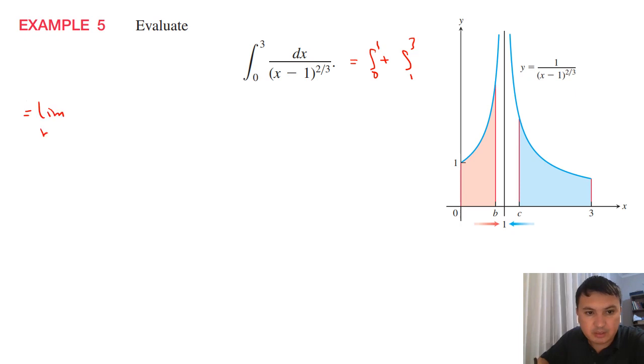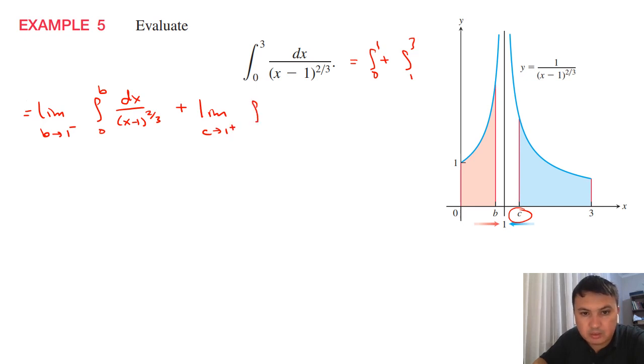So let's write the limit as b goes to 1 from the left, integral from 0 to b of dx over (x minus 1) to the power 2/3, plus, on the second occasion, let's use c, the limit as c approaches 1 from the right, integral from c to 3 of dx over (x minus 1) to the power 2/3.